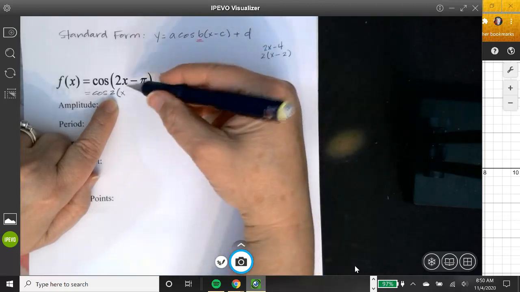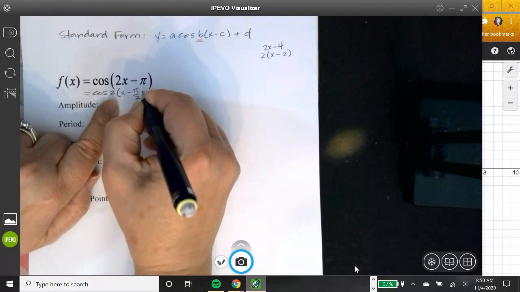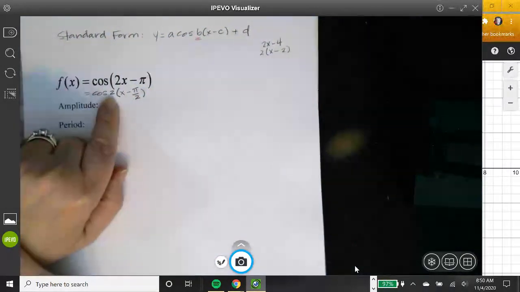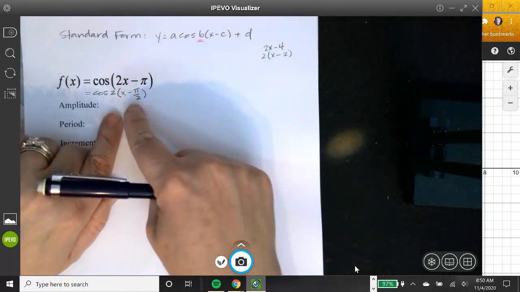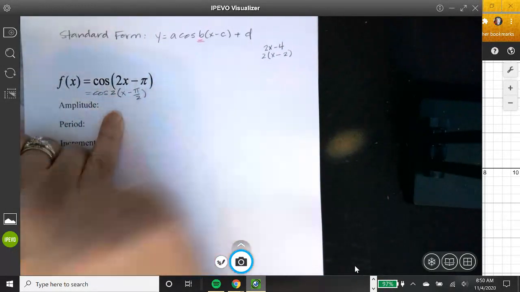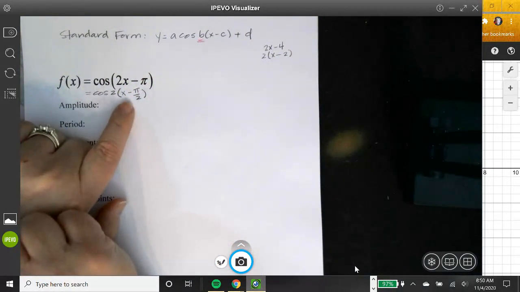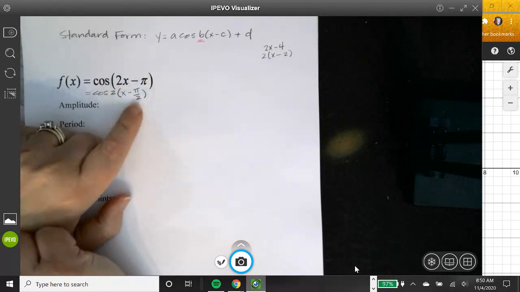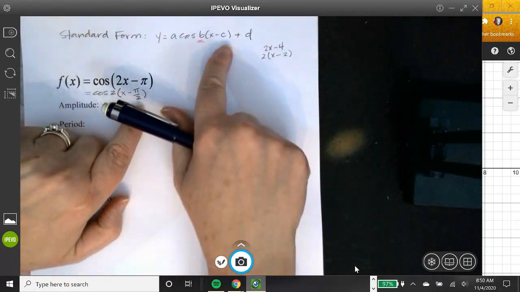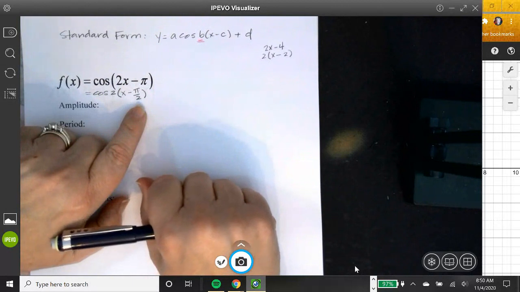So we're going to take this 2 and divide pi by it. And how do you know you're right? Well, the good news about factoring is that you can redistribute it to see if you match. When I multiply this 2 in, I get 2x minus 2 pi over 2, which is minus pi. So it works, okay? Now we can see the c because the b is factored out in front.